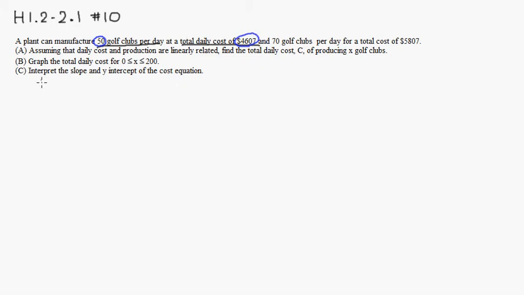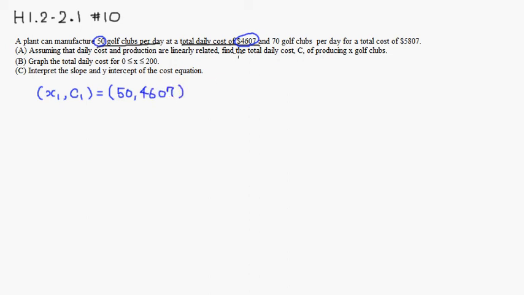So that gives you one point, X1, C1, which is given to be (50, 4,607).